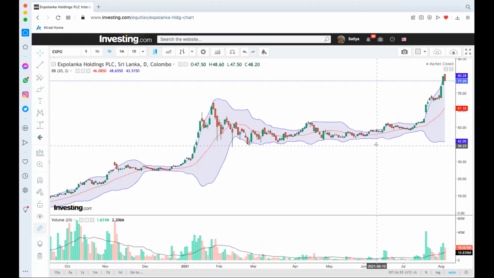In other words, how the double tops can be used for selling options, and at the same time, how the double bottoms can be used for buying options.